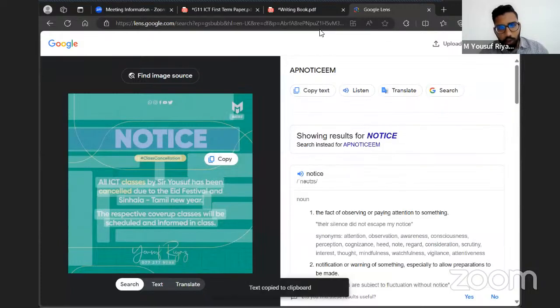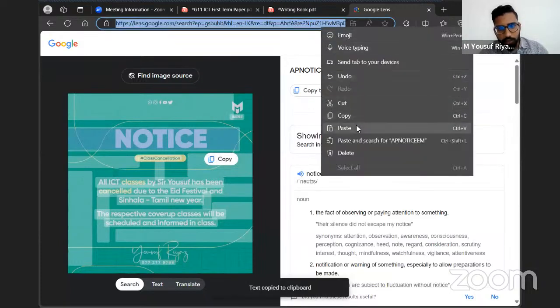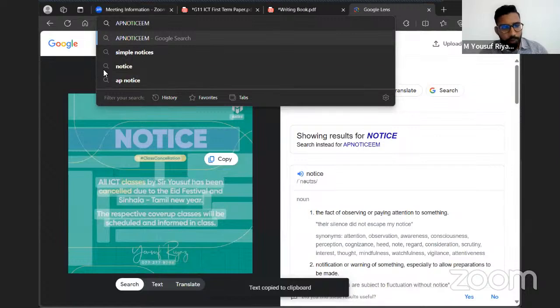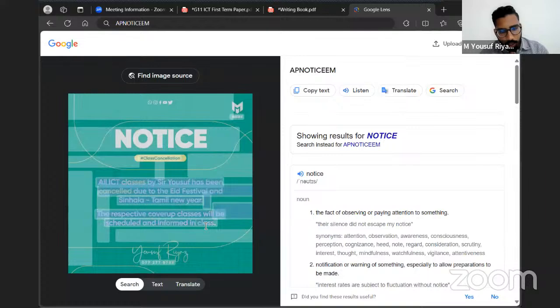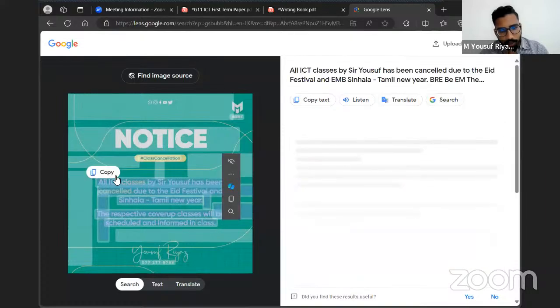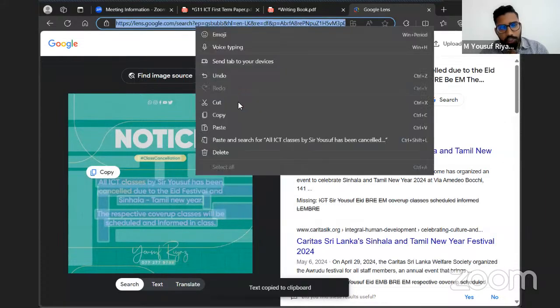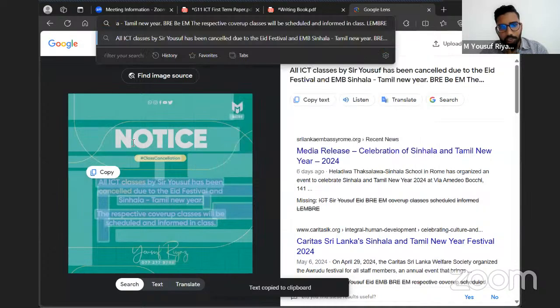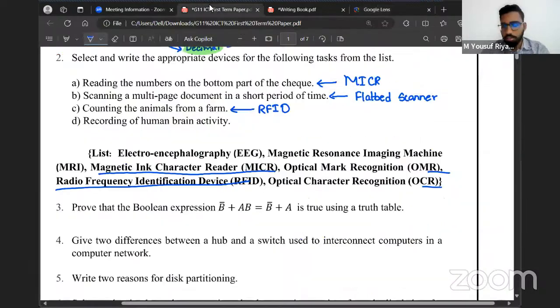See, if I copy, I can even go and paste it. Notice some other text got copied, but it's all ICT, blah, blah, blah. I can copy this whole thing from here. So if I click on copy here, it gets copied. This is what OCR is. OCR is where you can copy text from an image or a document or whatever. So out of the given options, the next most suitable option would be OCR.